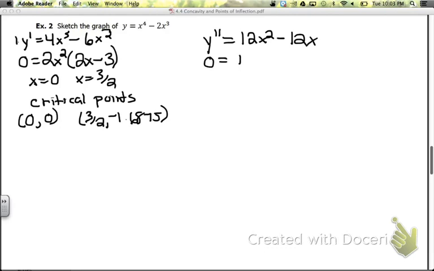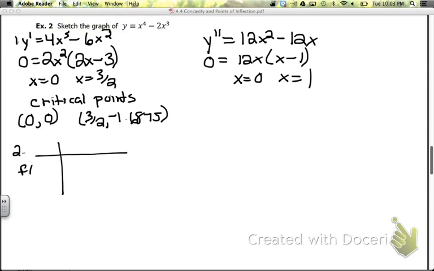Set this equal to 0, factor out a 12x, and what you'll be left with is x minus 1. So we have x equals 0 and x equals 1. We're going to use those values and look at our second derivative to see if our function is going to be concave up or down.